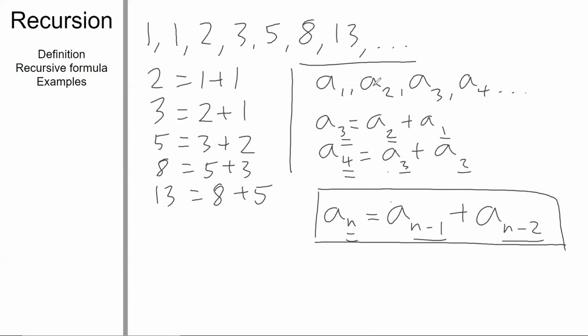And then, of course, you would have to define your starting terms. So this would be if A1, the first term, is equal to 1, and A2, the second term, is also equal to 1. Some sources say that it starts at A0, but that's really a matter of preference.